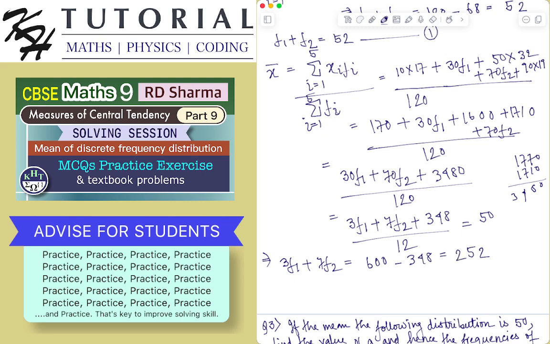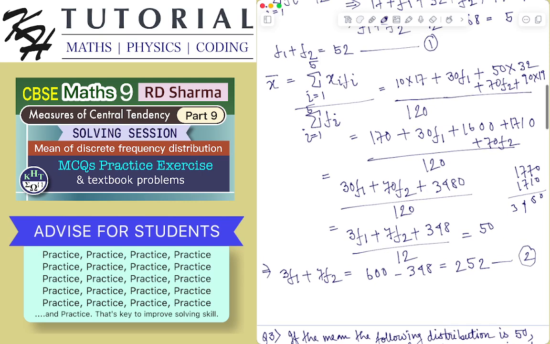So this is another equation, equation number 2. We have to solve equations 1 and 2. We have two linear equations in the two variables f1 and f2, and we can easily solve for them.